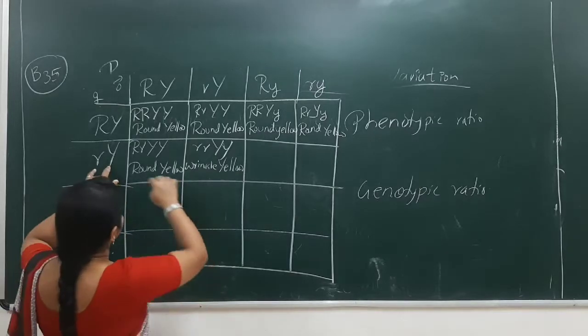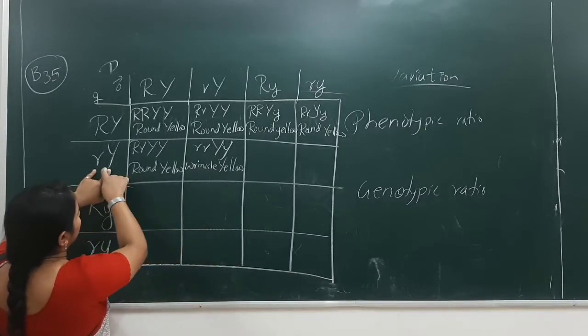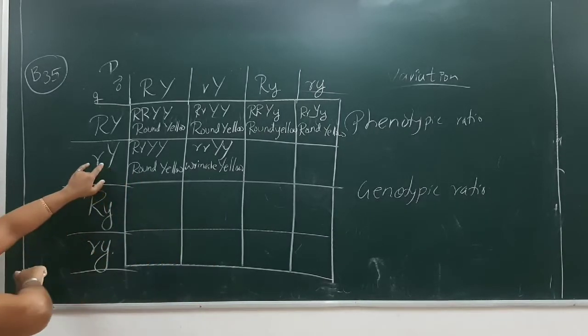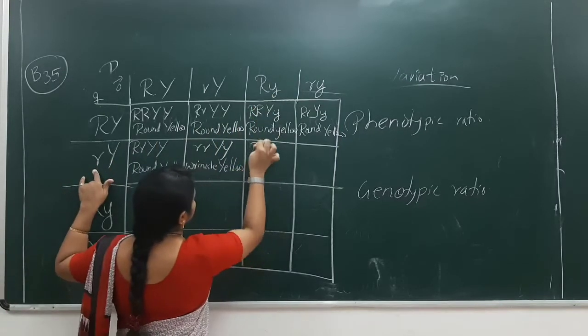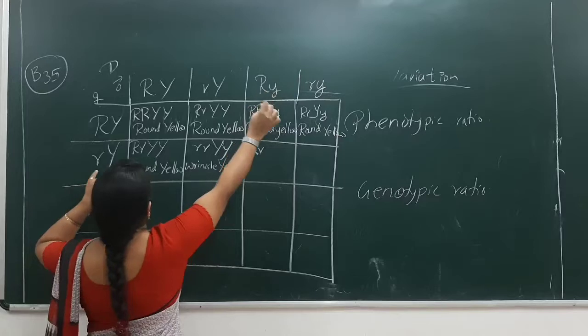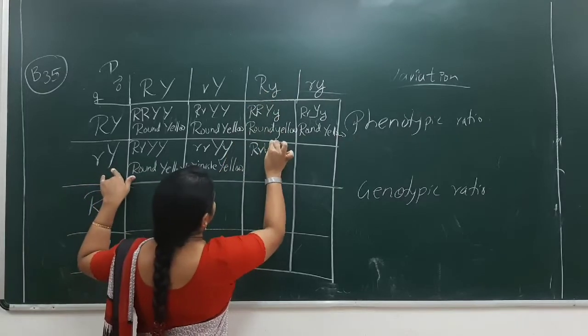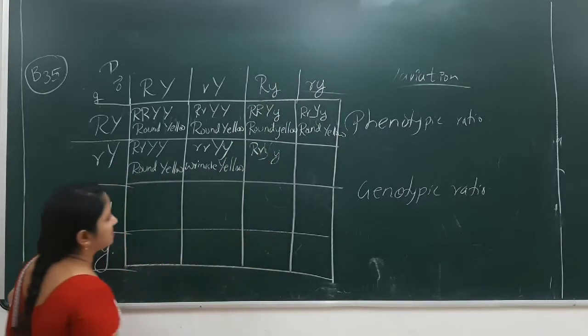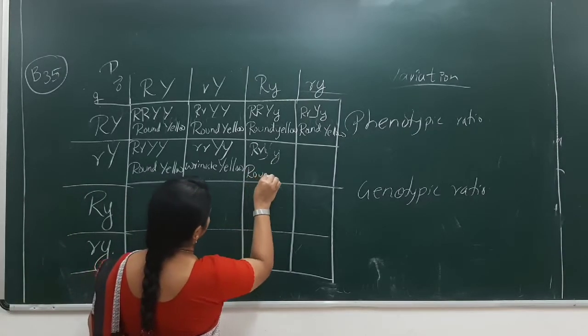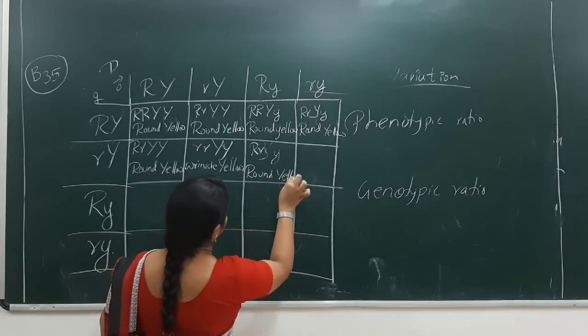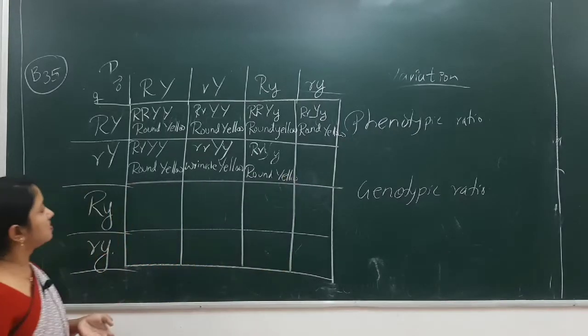So this is how it differs for these types of genes. We'll move on by taking the next gametes, small r and capital R and capital Y, small y, capital Y, small y. So round yellow. Are you following me?